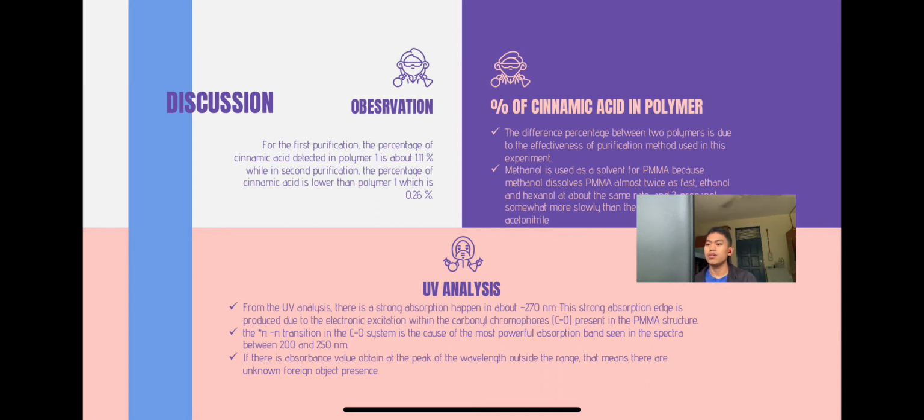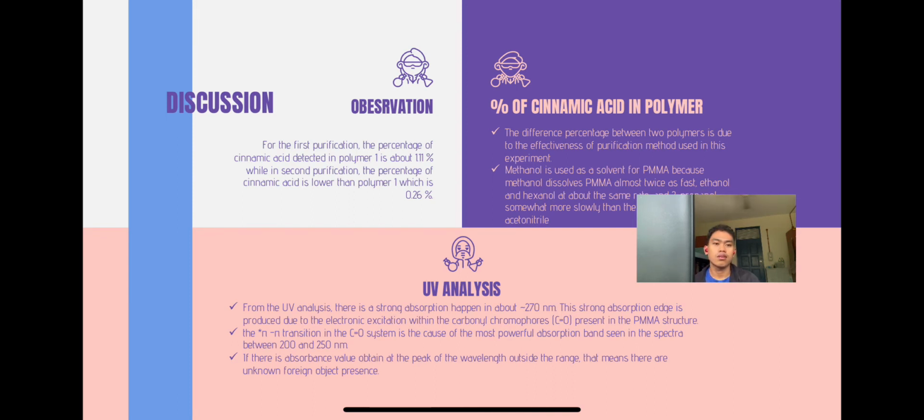For the UV analysis, there is a strong absorption at about 270 nanometers. This strong absorption edge is produced by electronic excitation within the carbonyl chromophores, or the C=O, present in the PMMA structure. Other than that, it is found that the pi transition in the C=O system causes the most powerful absorption band seen in the spectra between 200 and 250 nanometer.